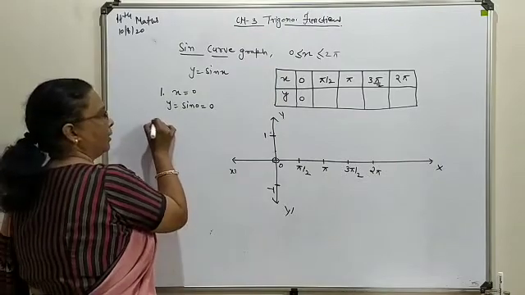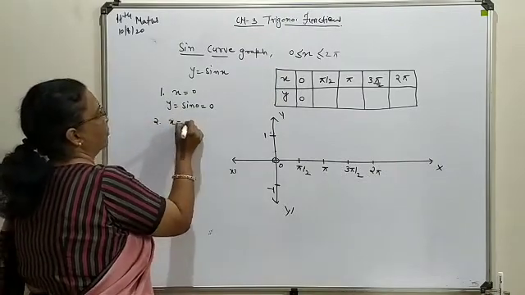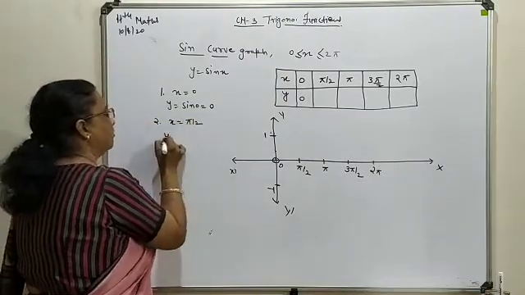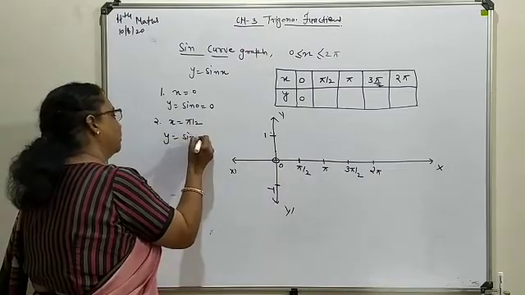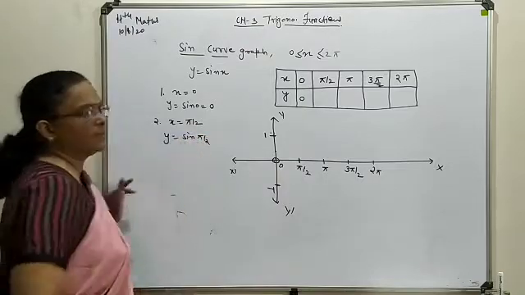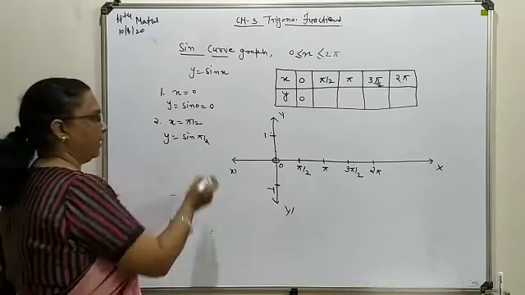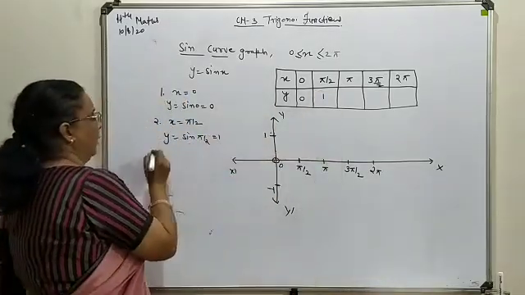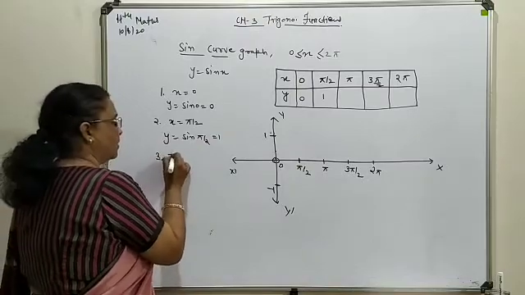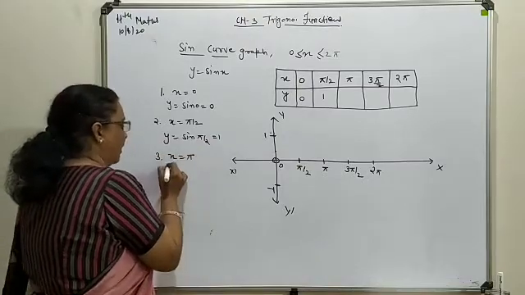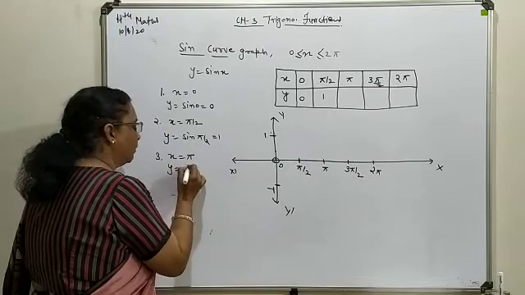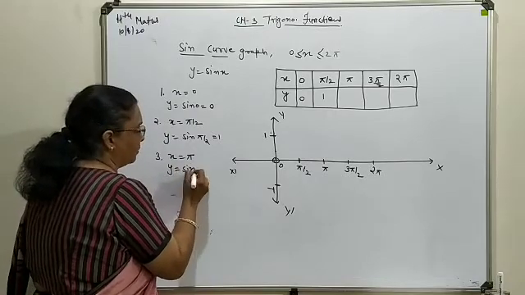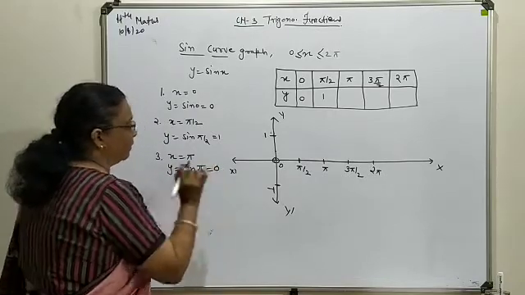Now the second point you will take as x is equal to pi by 2. So y you will have as sine pi by 2. The value of sine 90 you were having is 1. This is 1. Next point we will take x is equal to pi. As I have told you, all the multiples of pi in terms of sine are zeros.